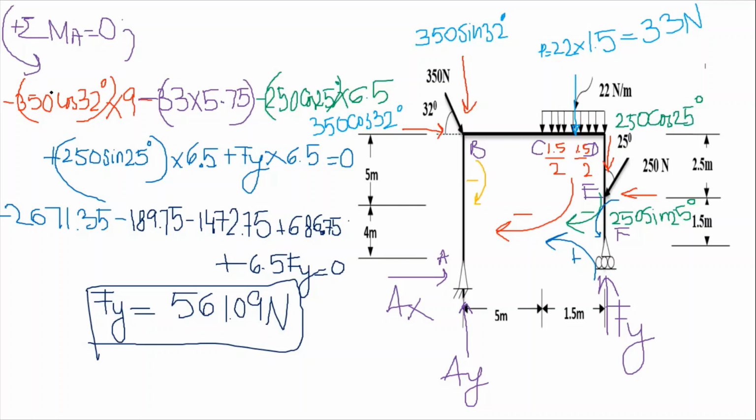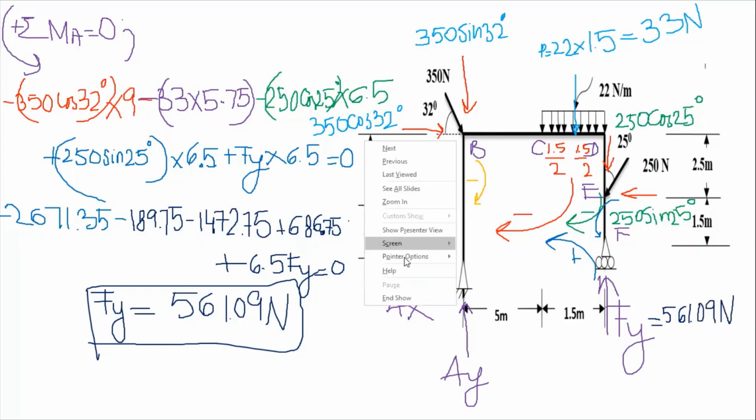Now we have to sum horizontal forces and vertical forces, because we get Fy here, 561.09, and we are moving towards the summation of vertical forces and horizontal forces.